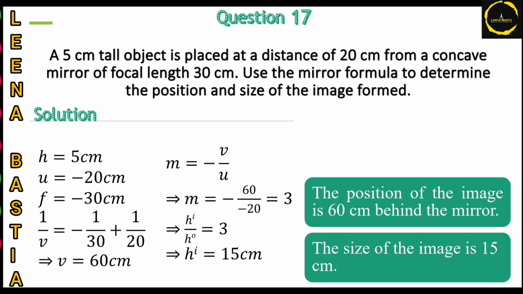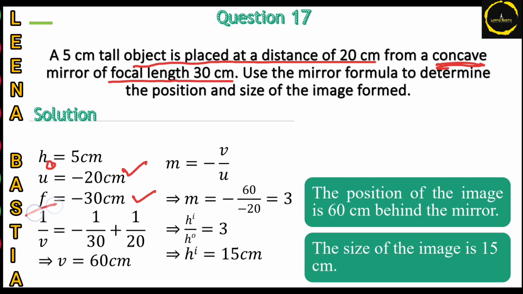Okay, now again the object size has been given, so HO equal to 5 centimeter we had written. Now the object is placed at a distance of 20 centimeter, so U equal to minus 20 centimeter. Okay, the focal length has been given 30 centimeter, so F equal to minus 30 because it is a concave mirror. Right, now substitute in the mirror formula.